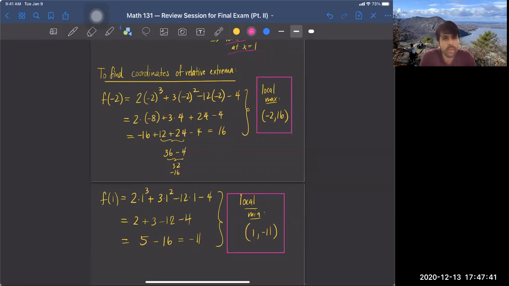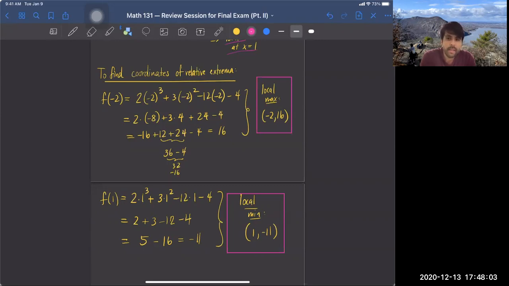If the result is a positive number, then that indicates concave up, concavity that's upward, which indicates the critical number has a local minimum at that point. So that's really what the second derivative test tells me.